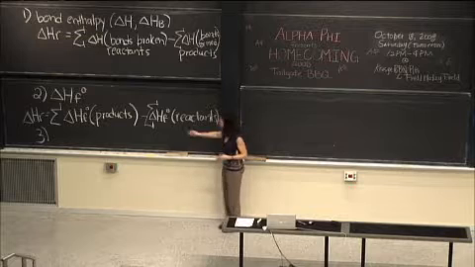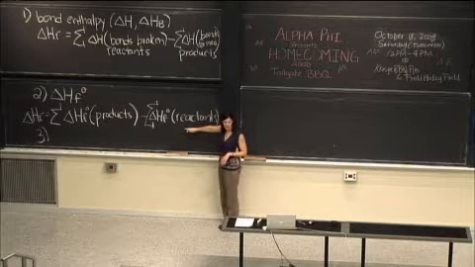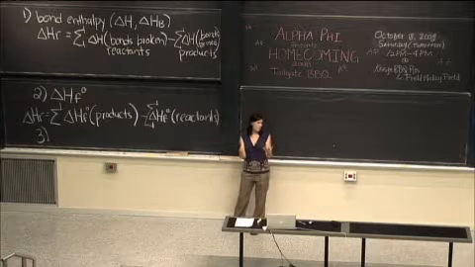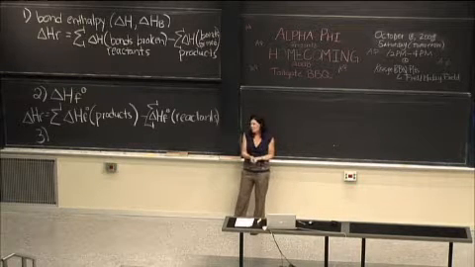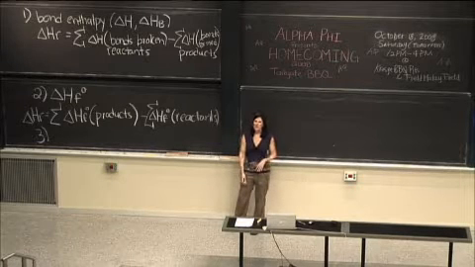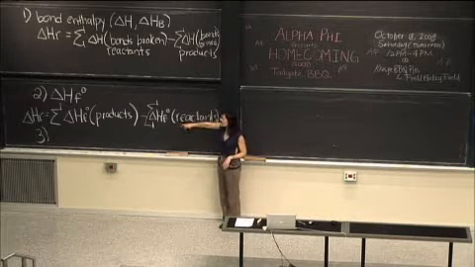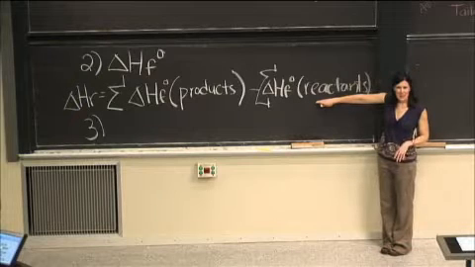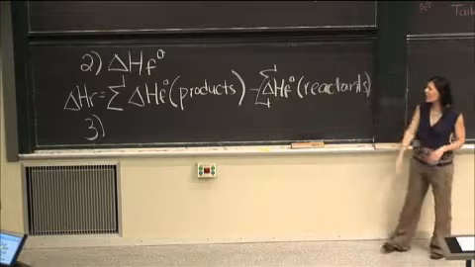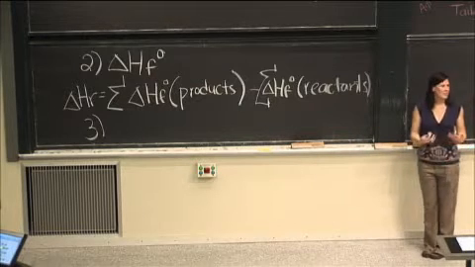In contrast, when we're talking about enthalpies of formation, now what we're talking about is the change of enthalpy in order to form a molecule. For example, if we have a nice stable molecule with strong bonds in it, what we're going to find is that the delta H of formation, would that be positive or negative? So it's negative. You'd end up with a negative delta H of formation.